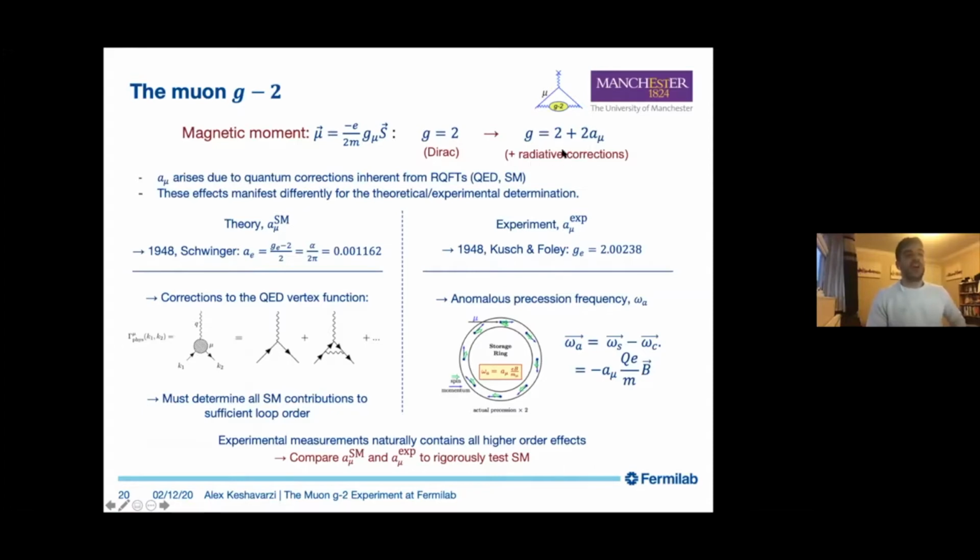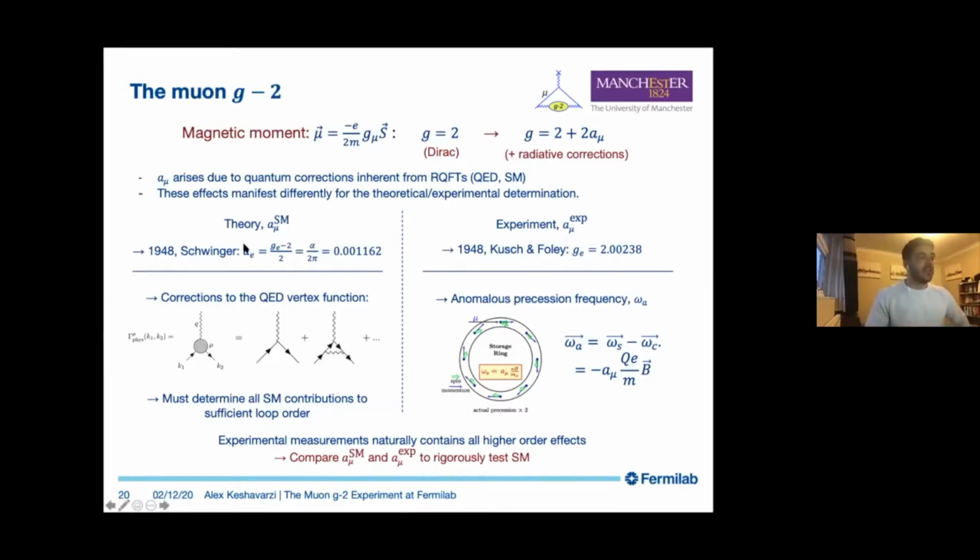But due to higher order radiative corrections or loop contributions, g will deviate from 2 by this factor 2a_mu. So there are quantum corrections inherent from relativistic quantum field theories like QED in the standard model that cause these values to deviate. And in some sense, you can imagine that these effects manifest themselves differently if you're calculating them theoretically, or if you're trying to measure them experimentally.